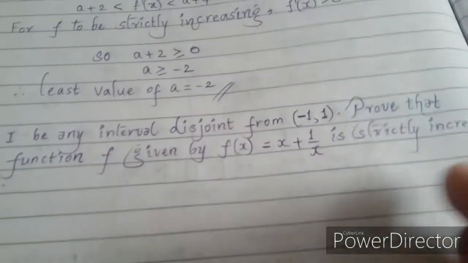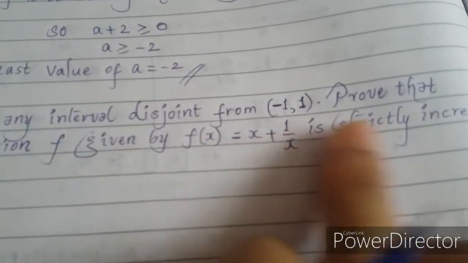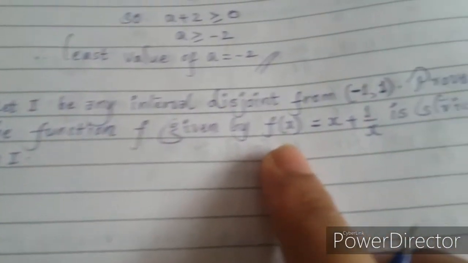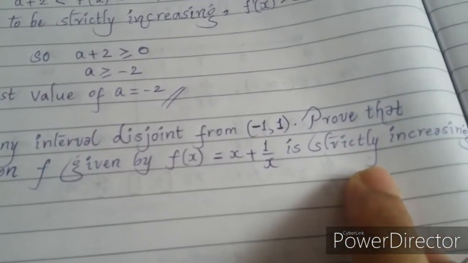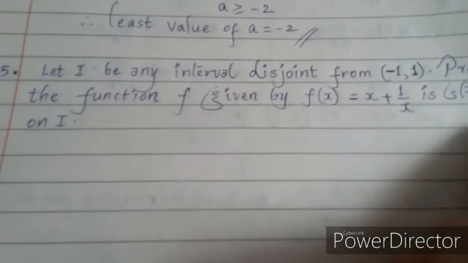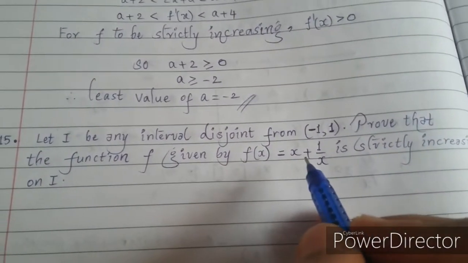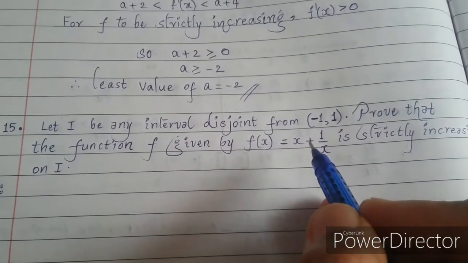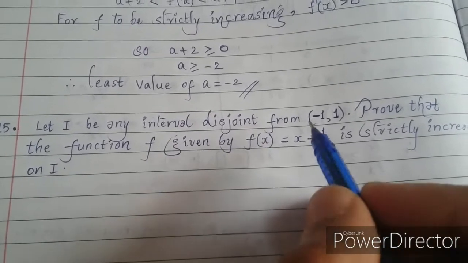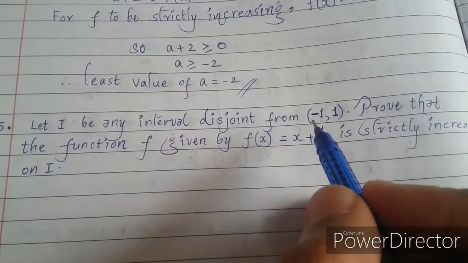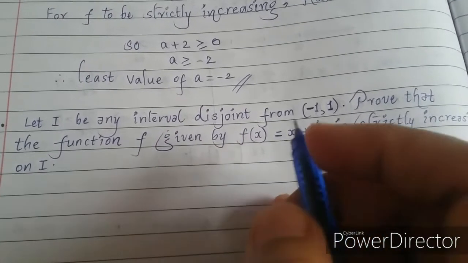Let I be any interval disjoint from the open interval minus 1 to 1. Prove that the function f given by f of x equal to x plus 1 by x is strictly increasing on I. First of all, we have to show that the function is strictly increasing on I, where I is any interval disjoint from the open interval minus 1 to 1.